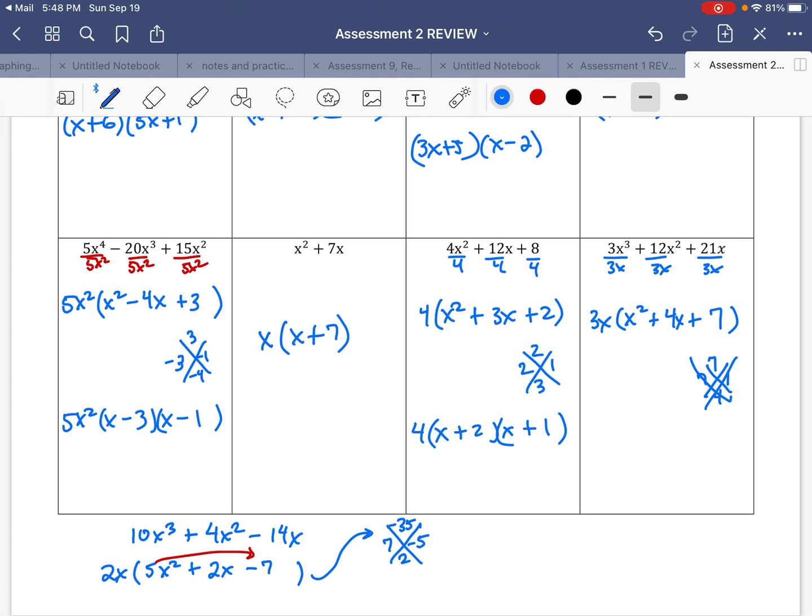So when I go to factor, I would have x plus 7 and also x minus 5. But remember, we multiplied by 5, so I'm going to divide those by 5. So my final answer, this 2x stays here. My first piece was the 7/5, so it becomes 5x plus 7. And my last part, 5 divided by 5 is 1, so x minus 1.